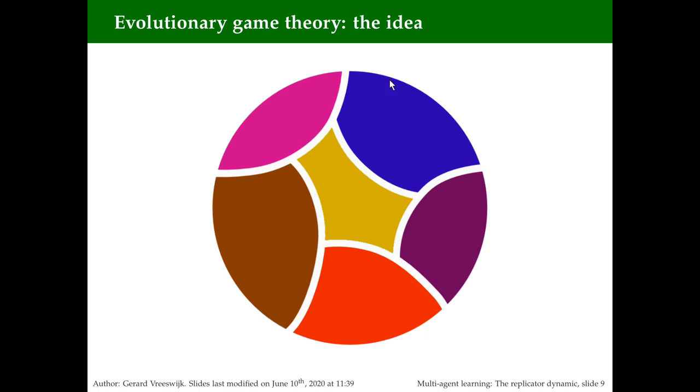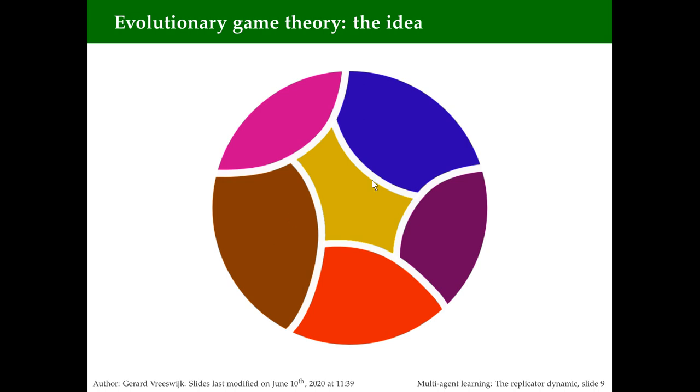So if we focus on the species of the blue type, the probability that one individual of the blue type competes against a species of the yellow type is a bit smaller than that it would compete against species of the brown type.